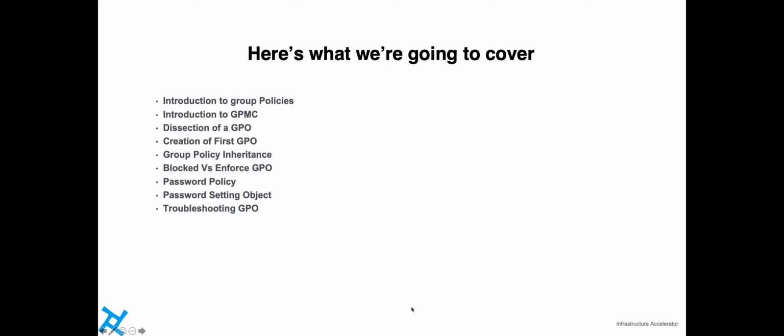Then we are going to create our very first GPO and apply it on a computer or a user. Then I'm going to talk to you about group policy inheritance. Then we will talk about blocked policies versus enforced policy, or blocked inheritance versus enforced policies.